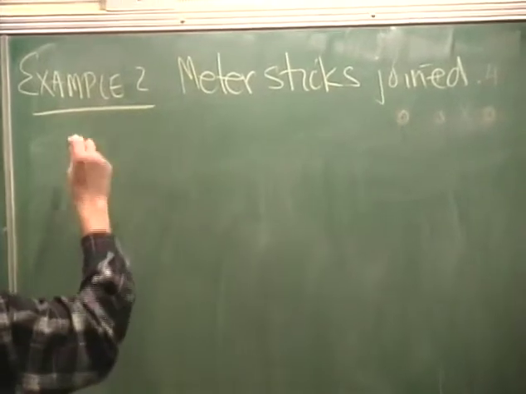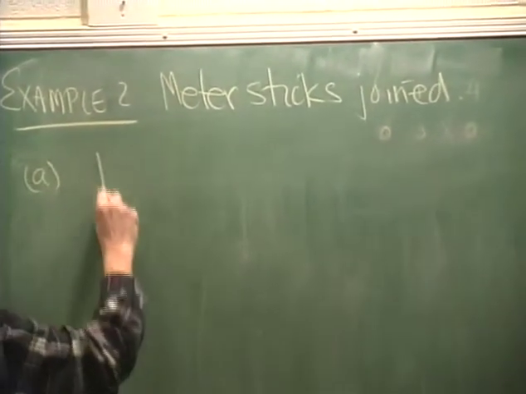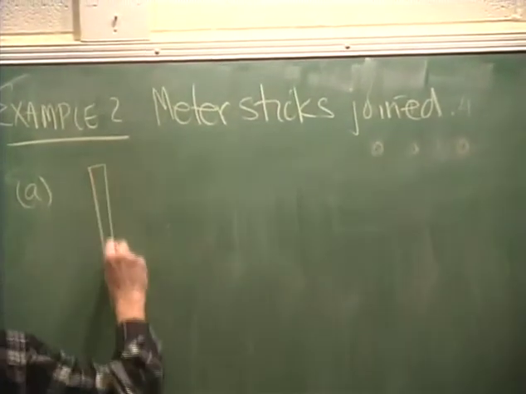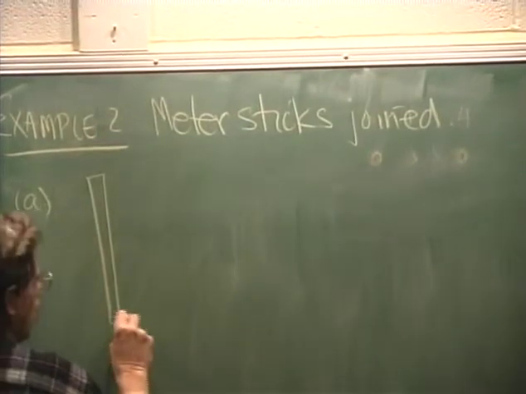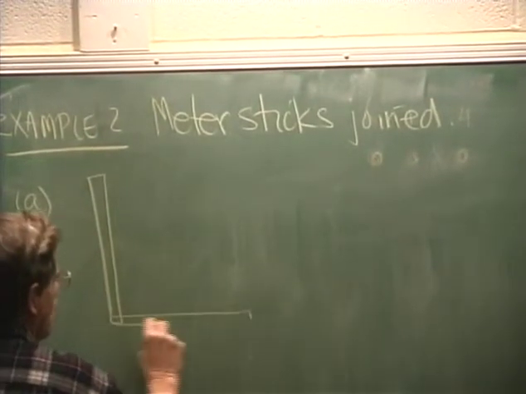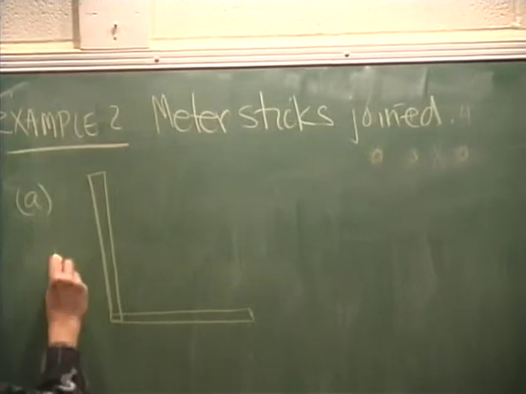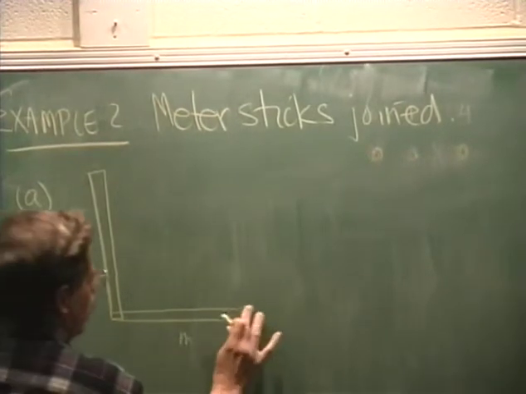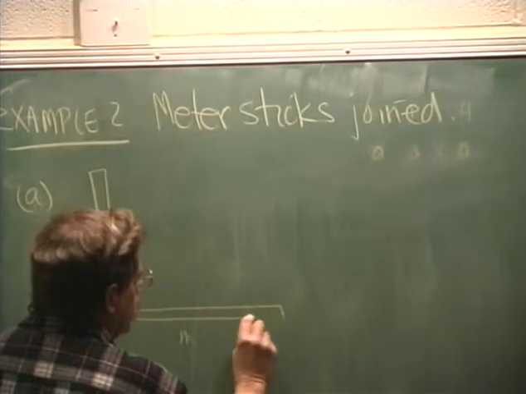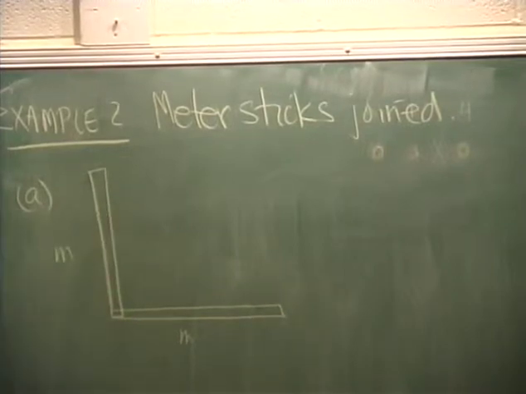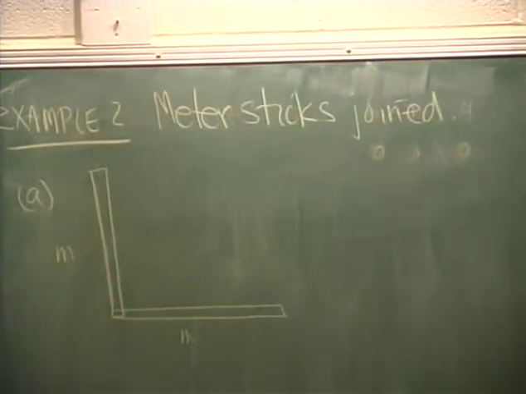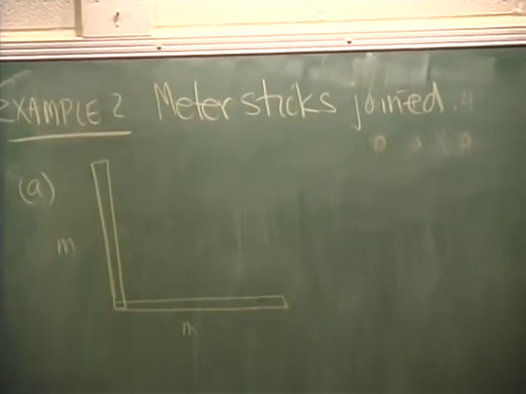So here's case A. I'm going to take two of them and join them together like this. So they're identical rods here. Each one has mass m, and they've got the same length also. Got the picture? I'd like to know, where's the center of mass of that system?